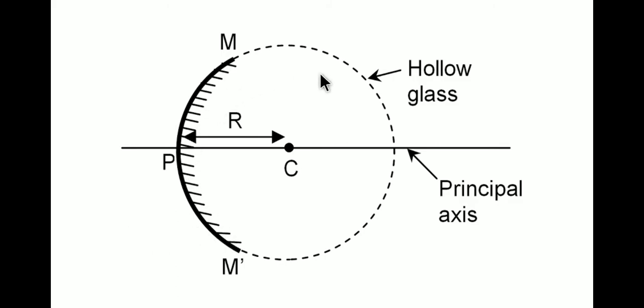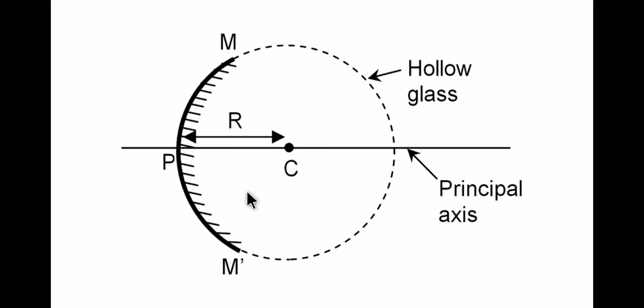This is the sphere, and this is the center of the sphere. The distance from the surface to the center we call the radius. Here it's marked by capital R.